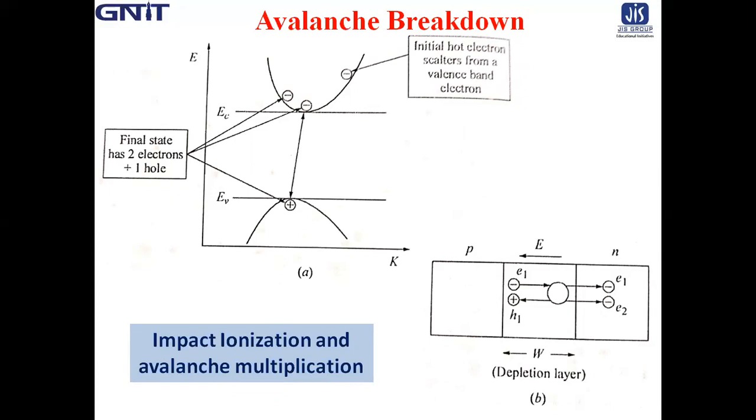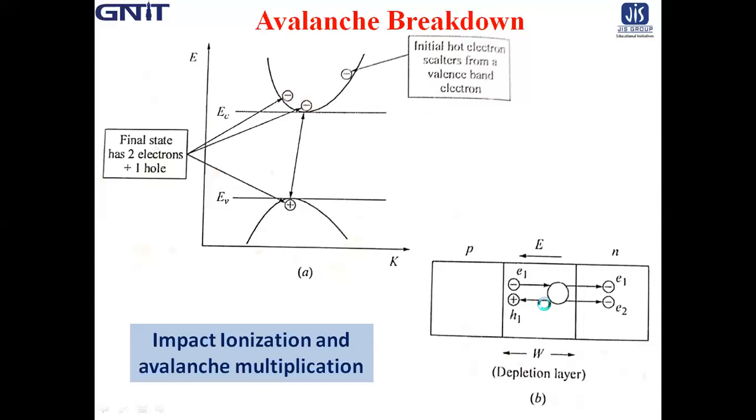See, an electron or hole entering from the p region or n region respectively as minority carrier acquires sufficient energy in between collision due to high electric field existing at the junction.